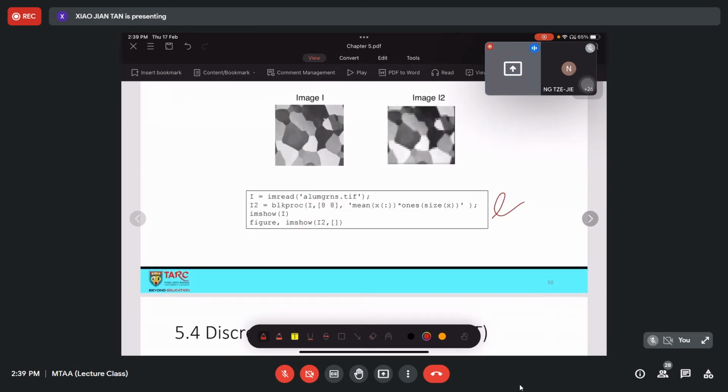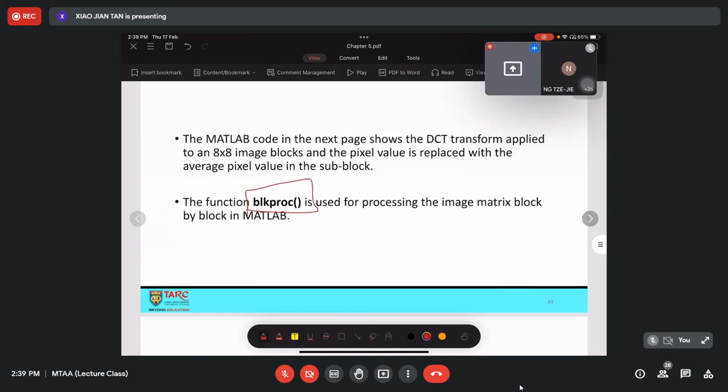I is the input image, and 8x8 is the size of the window, either 8x8 or 16x16. This is to get the mean image, the average picture, which does this action.